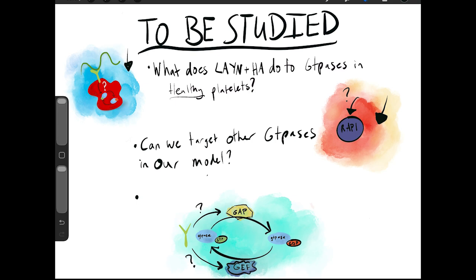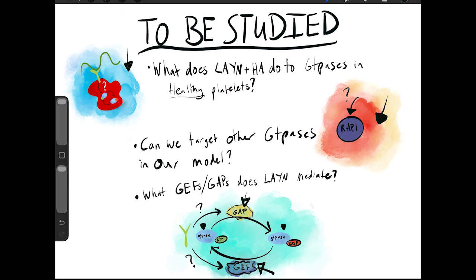And then finally, the other big point: what GEFs and GAPs does Layilin mediate? Now, GEFs and GAPs are what actually cause this switch between the active form of GTPase versus the inhibited, or turned off, form. So the GEFs and GAPs, which are right here and right here, are what dictate the switch cycle.